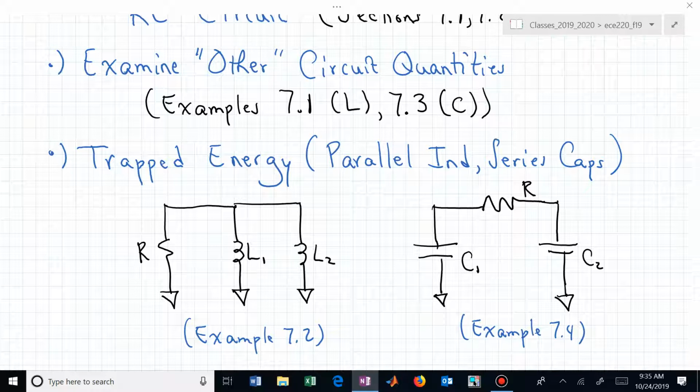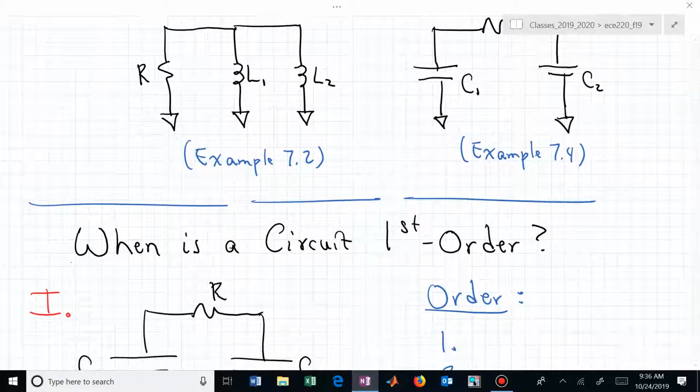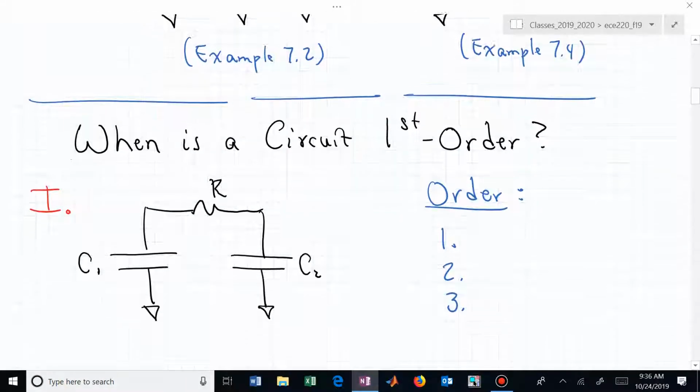You can now have a series connection of capacitors maintaining charge when the other two extremes of their terminals have zero voltage across them. That's trapped energy. We're not going to let it out. We're going to keep it trapped, and we'll work through some examples. And here are some that you can work in addition to what we talk about today.